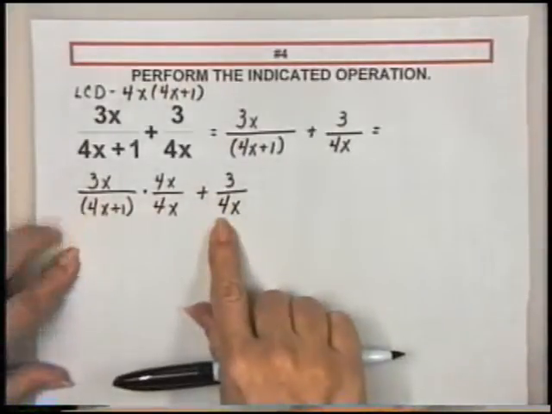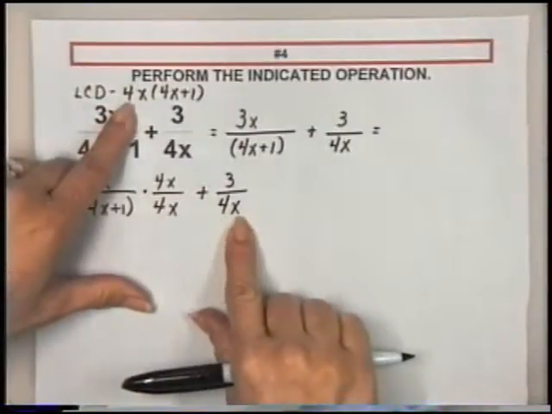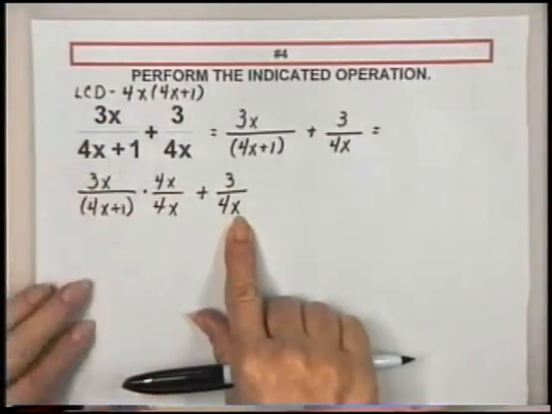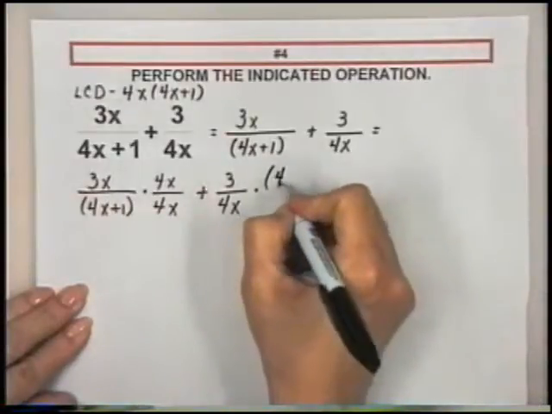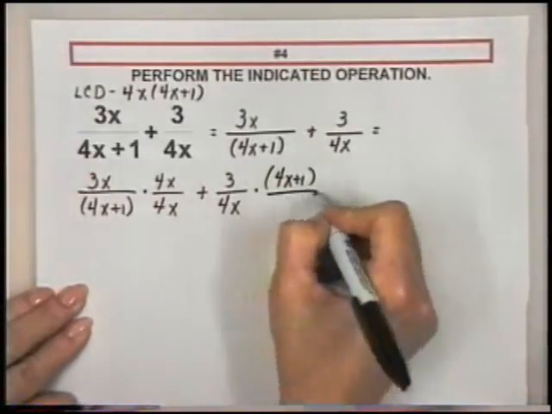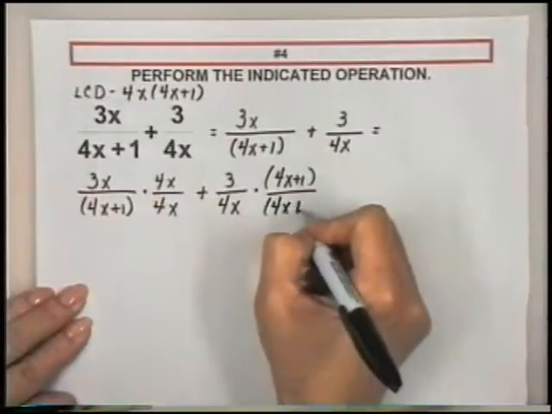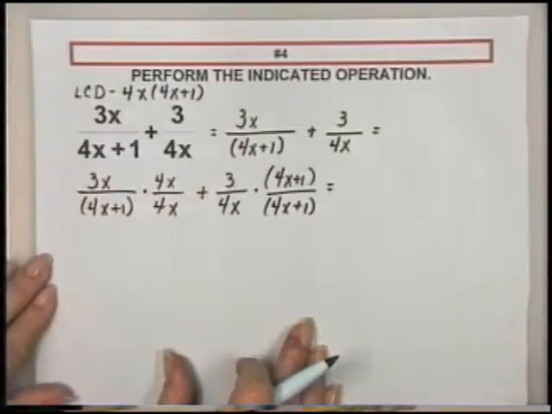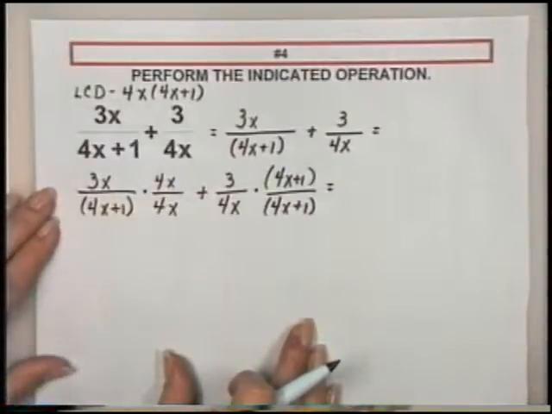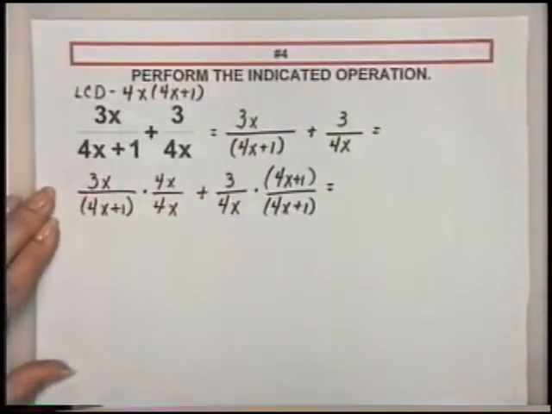Let's look at the second fraction. I have the factor of 4, the factor of x. The factor I need is 4x plus 1. So I will multiply the numerator and the denominator by 4x plus 1 over 4x plus 1.